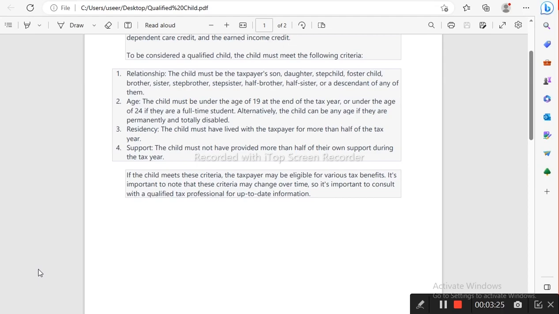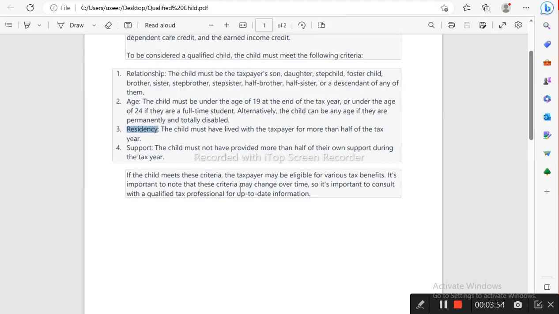On the other hand, the child can be any age if they are permanently disabled. So your dependent must be under 19, and if he is going to college, his or her age must be 24 or less, and if the child is permanently disabled, there is no age limit for that child.